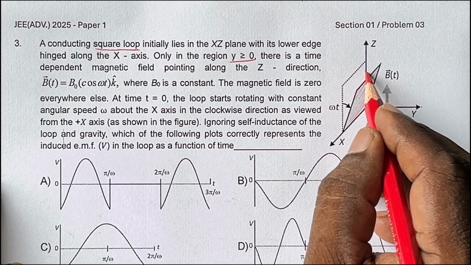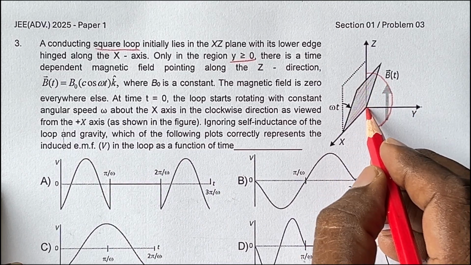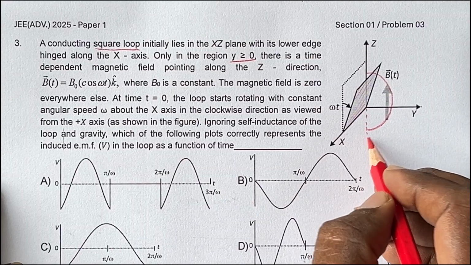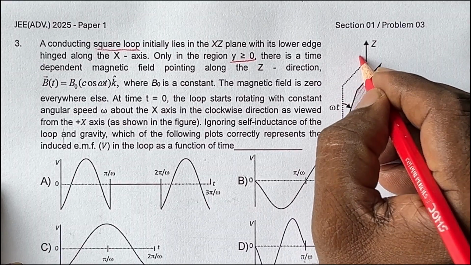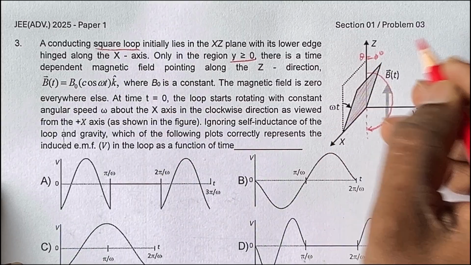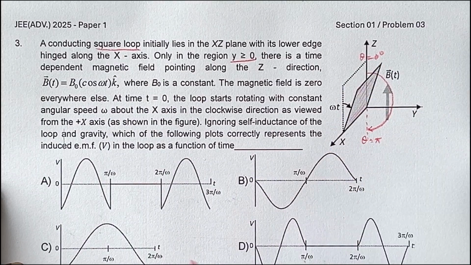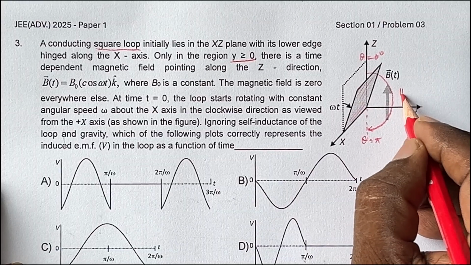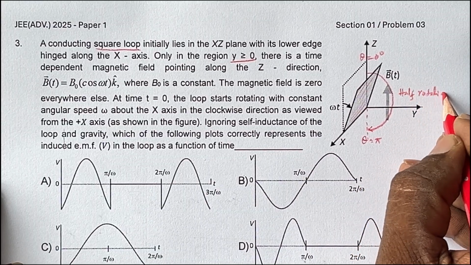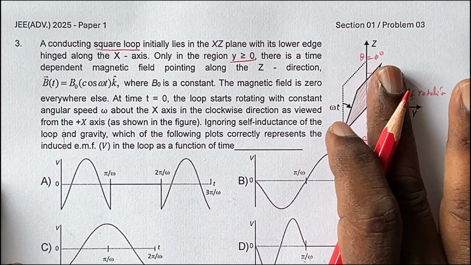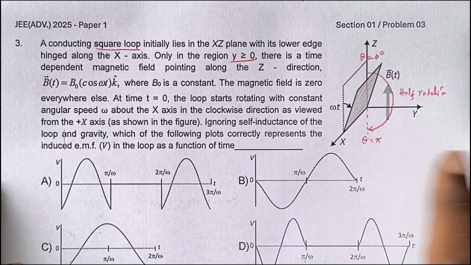So this magnetic field is only here, up to half rotation only. Here theta is equal to 0 degrees, here theta is equal to pi radian. Up to this half rotation only, the magnetic field is existing. Here there is no magnetic field.